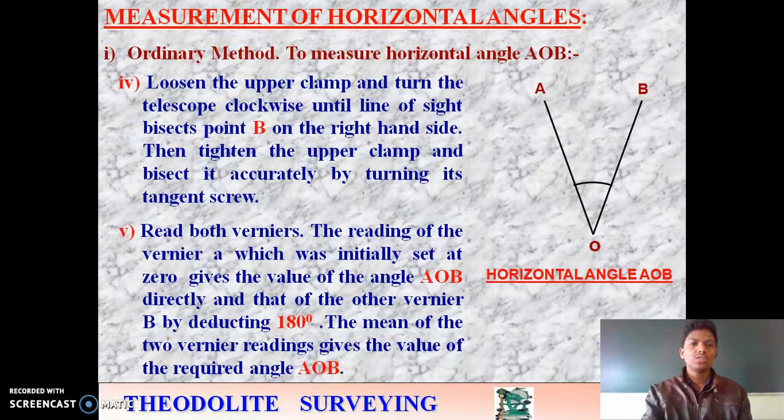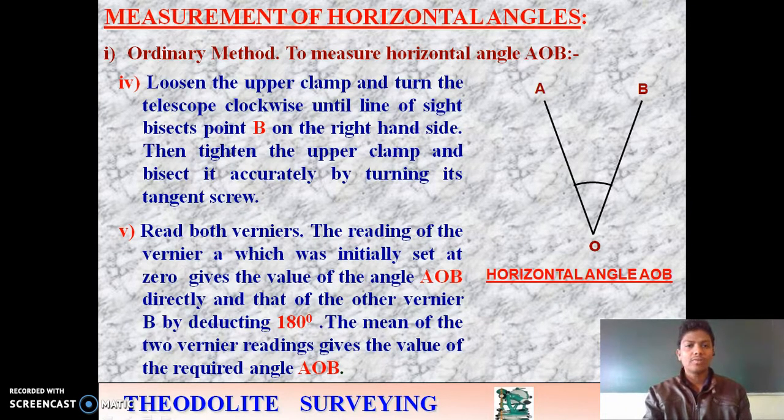Fourth, loosen the upper clamp and turn the telescope clockwise until the line of sight bisects point B on the right hand side, then tighten the upper clamp and bisect it accurately. Read both verniers.